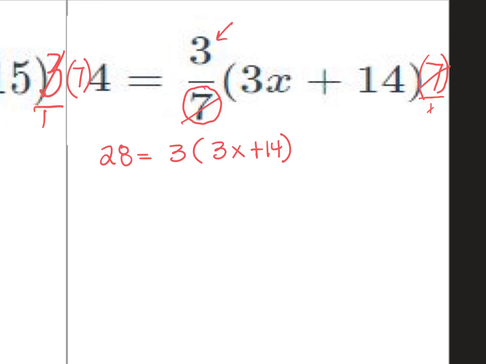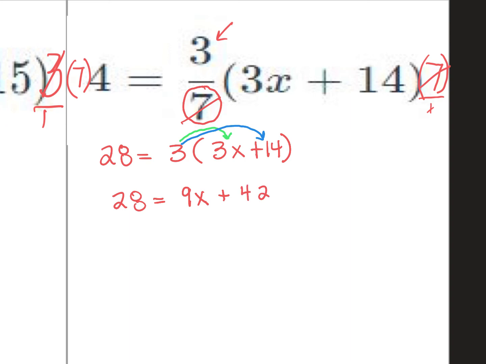I've got to go 28 equals the outside times the first one. 3 times 3x is 9x. Now I do the outside times the second one. 3 times plus 14 is plus 42.